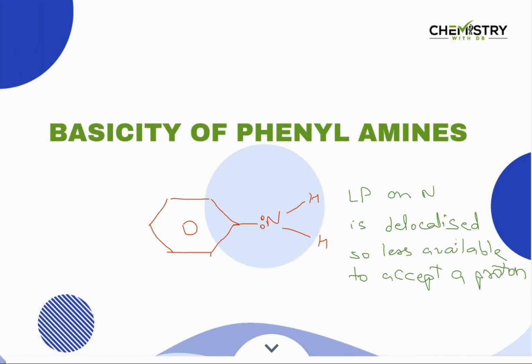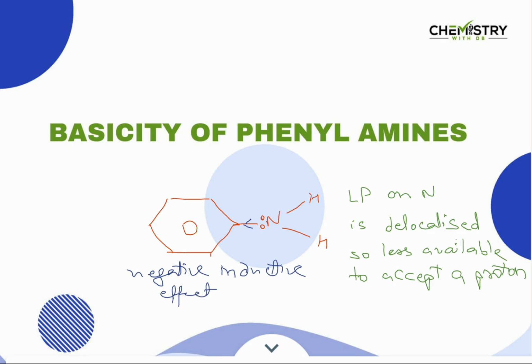Now let's look into the basicity of phenylamine. In phenylamine, nitrogen is bonded to 2 hydrogens and a benzene ring, and benzene rings are electron withdrawing. So what the benzene ring does is withdraw electrons away from this nitrogen, or we can say that there is a negative inductive effect here, caused by the aromatic ring.